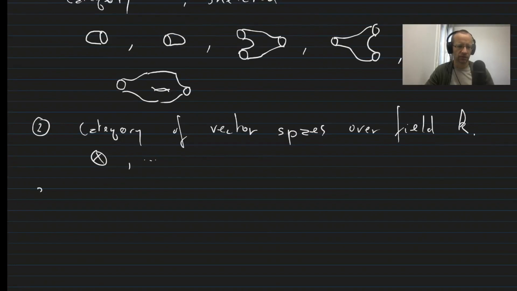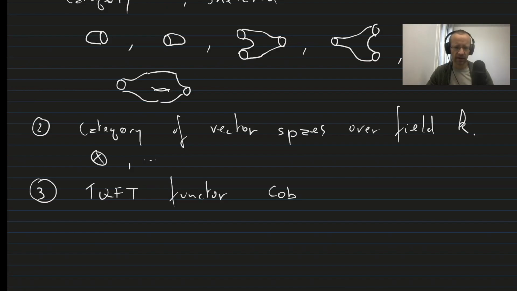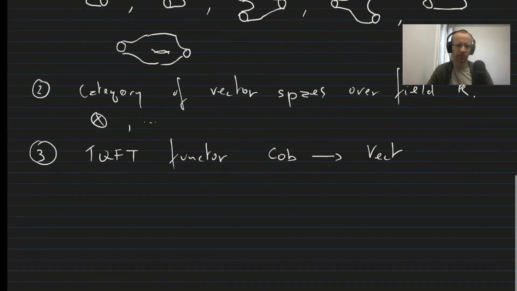Now comes the crucial definition. A topological quantum field theory is a functor between the category of cobordisms and the category of vector spaces that respects all the necessary properties.